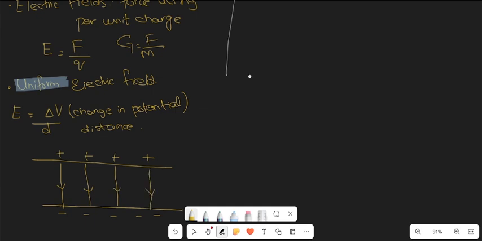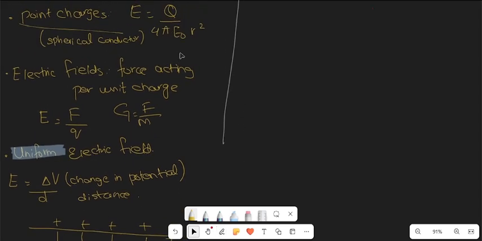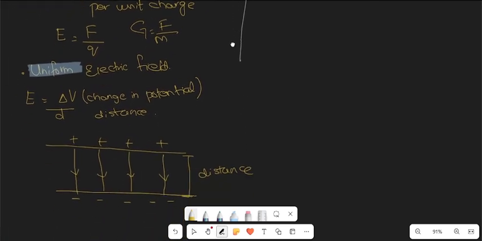This is what you call uniform electric fields, and this is the distance, and this is the change in potential. So if these things are given to you, that is when you use this formula. Otherwise you can use E equals F over Q, and if you're given a point charge, that is when you use E equals Q over 4 pi E naught R squared, this one.